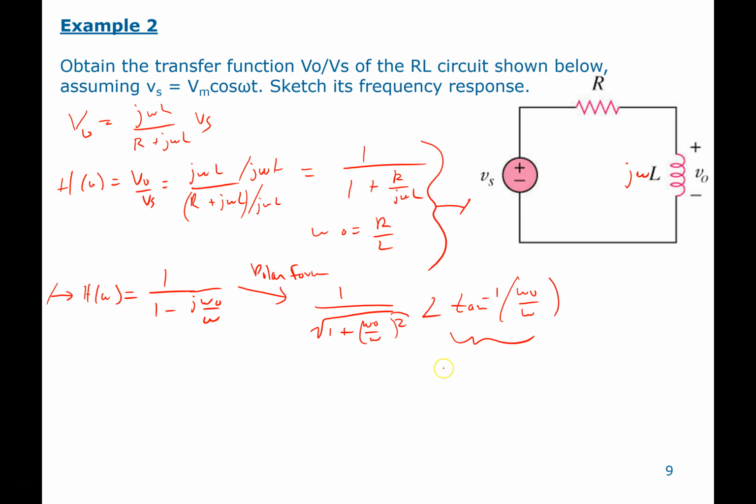Now, this can also be written as 90 minus the arctangent of omega over omega 0 if you don't like having your variable omega in the denominator.